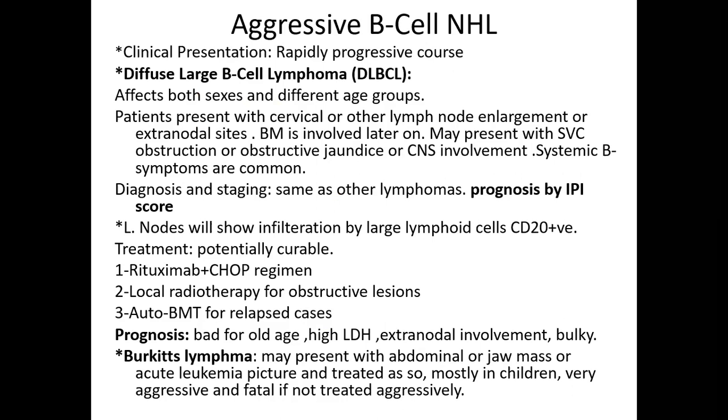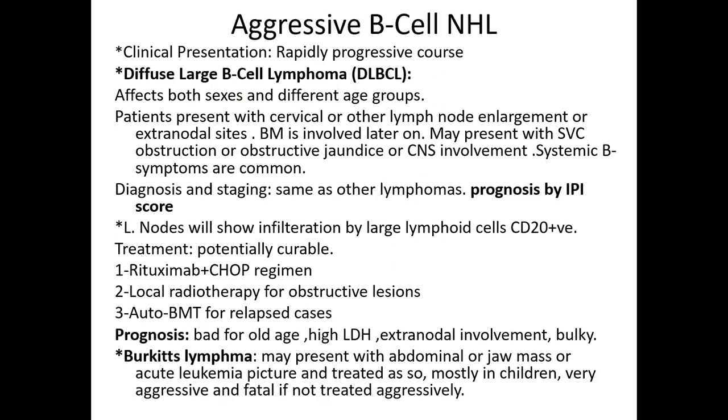Local radiotherapy is given for obstructive lesions, and patients who relapse, just like Hodgkin disease. Patients who relapse after first remission are given second-line treatment followed by autologous bone marrow transplantation. The bad prognostic signs include old age, high serum LDH, extranodal involvement, and bulky disease.